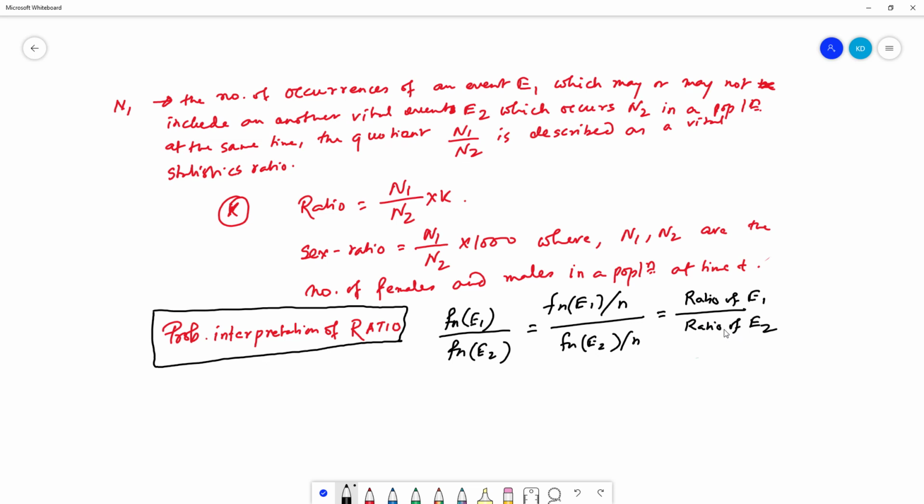Supposing the total number of exposures to the risk of occurrence of vital events in each case is small.